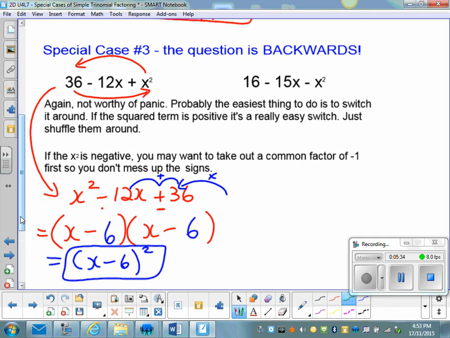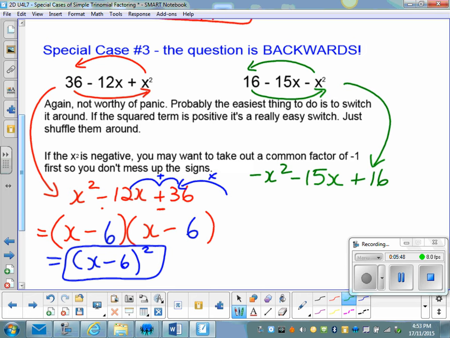Now if I do the same thing with the other one, so I'm going to move negative x squared to the front, and I'll move plus 16 to the back. So when I rewrite that guy, it's going to be negative x squared minus 15x plus 16. And now the issue is that we need that to be a positive x squared at the start.